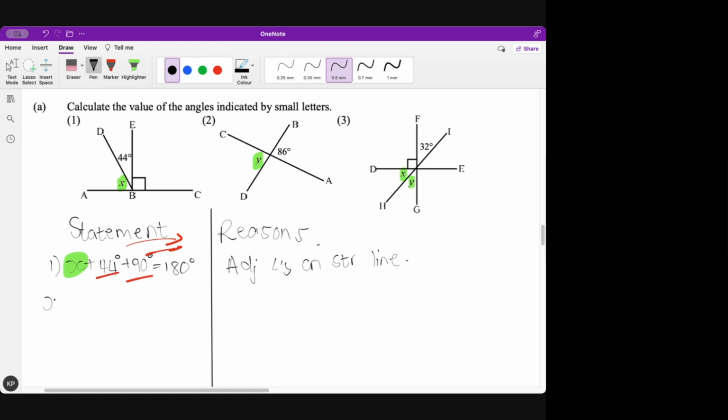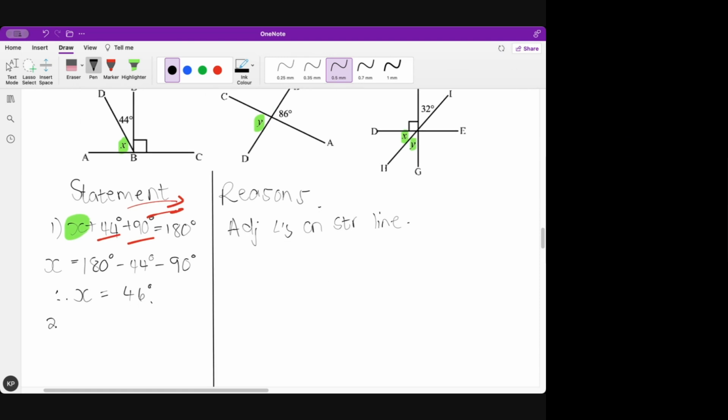It's going to be 180 minus 44 degrees minus 90 degrees. Can I have my calculator? Let's get 180 minus 44 minus 90, and that would be, thank you, Seth, 46 degrees. Okay, that's number one done.